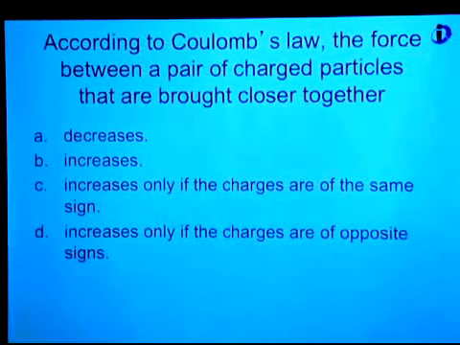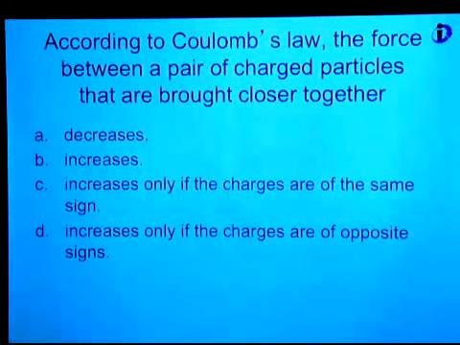If we change the distance between these charges, what happens to that force? And as you answer, I'll remind that gravitational force is an attraction between two bodies that have mass.